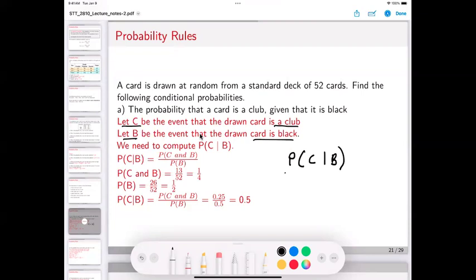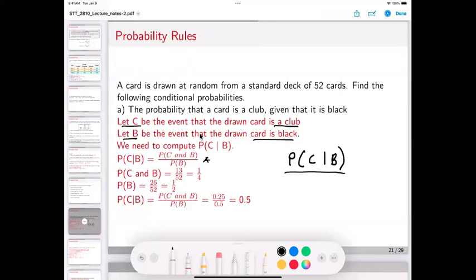This is how to write that. When we wrote this on Friday, we wrote the formula for this. It means that the probability that the card is a club, given that it is black, is equal to the probability that it is club and black, divided by the probability that it is black.